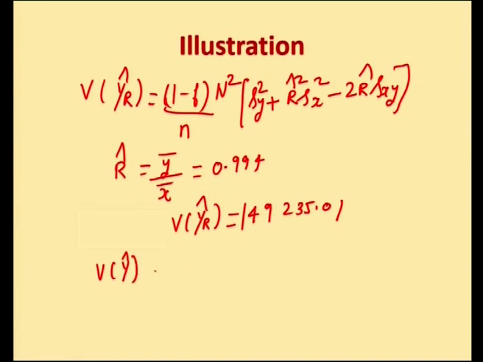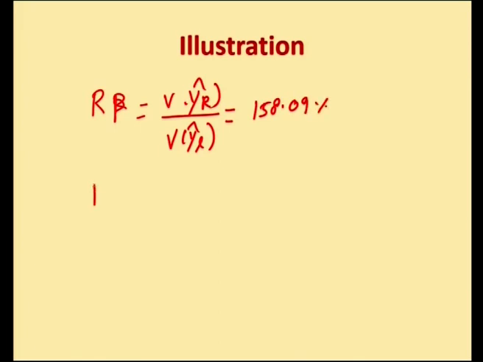And the variance under simple random sampling is found using the formula 1 minus f N squared Sy squared by n. This is found to be 198,108.5.